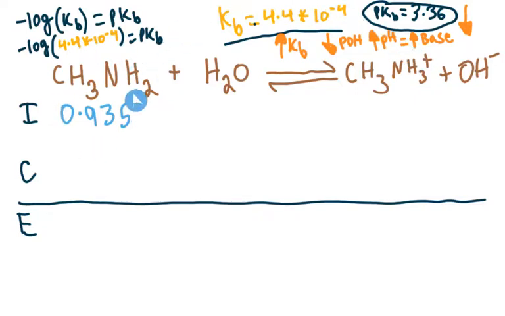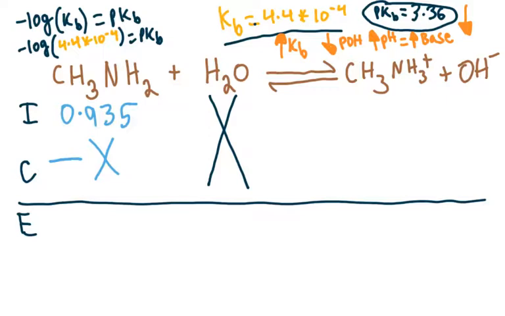We start off with 0.935 molar methylamine, and we're going to lose some concentration, but we don't know how much. To represent that, we say we're going to lose an unknown concentration represented by X. Now, water is not going to affect our calculation of the pH because its concentration stays constant and it is neutral.